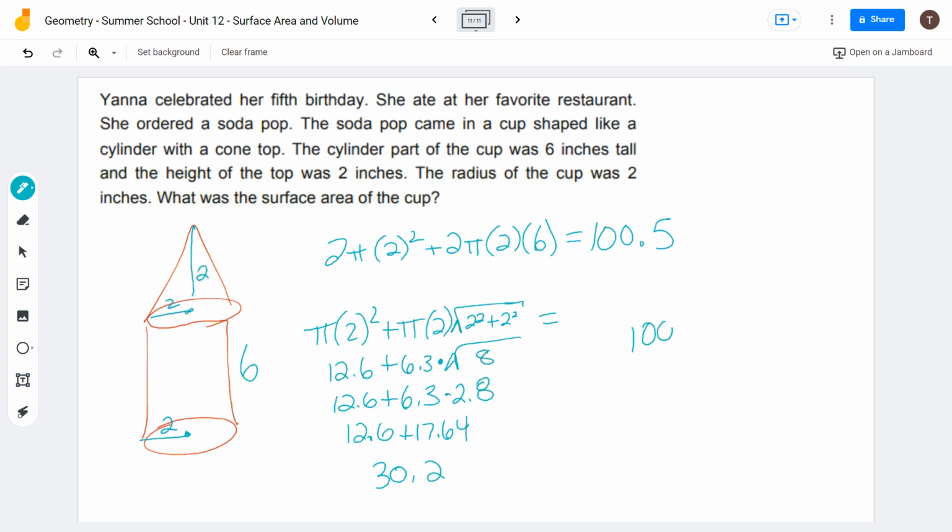So I need to add those up. Okay, but now I need to subtract the bottom of the cone and the top of the cylinder. So I need to subtract 2 circles that are both pi times 2 squared, the areas of them. So I'm going to do 100.5 plus 30.2 minus 2 times pi times 2 squared.